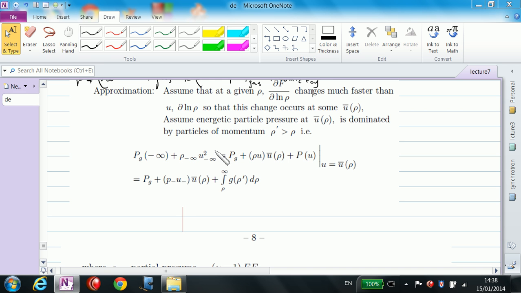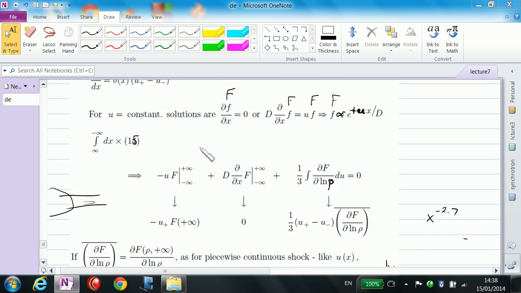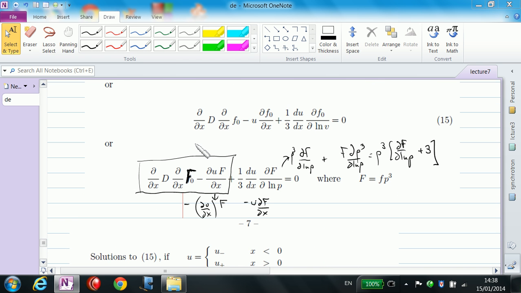The idea is to solve these equations. Well, let's go back to the equation.